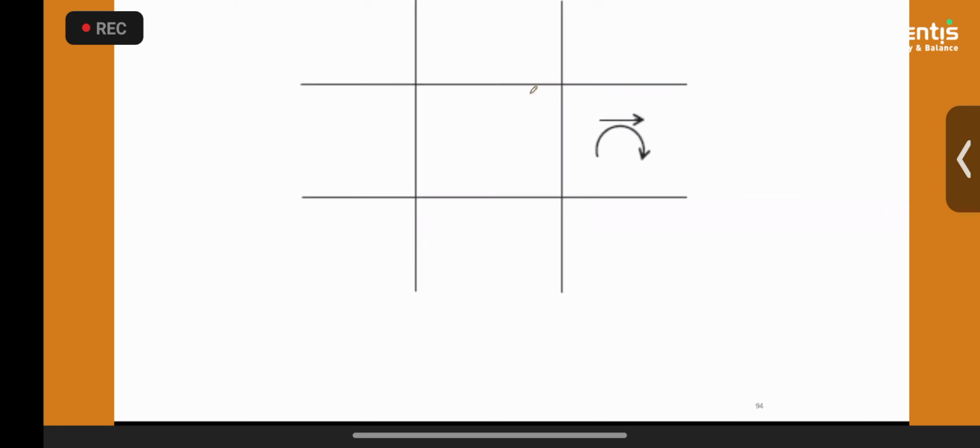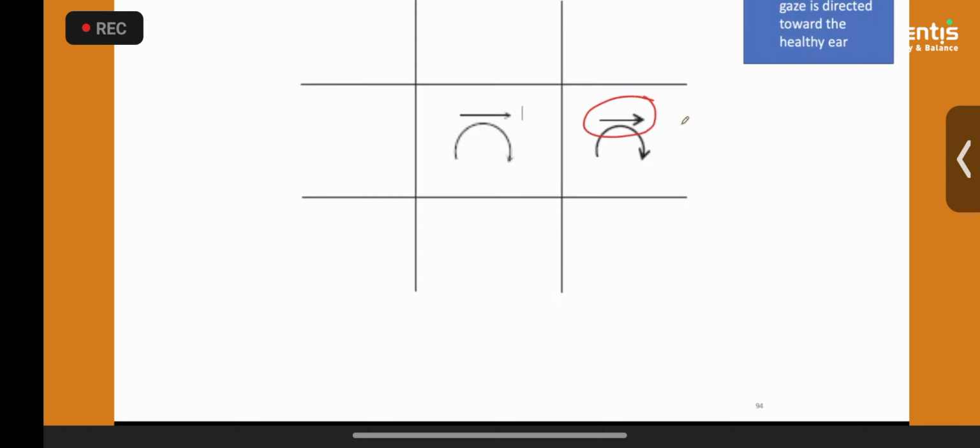Then if you see with fixation a patient, and suppose you find this variety of nystagmus, a patient is having left beating nystagmus in the left gaze, left beating in the center gaze, and there is no nystagmus in the right gaze.